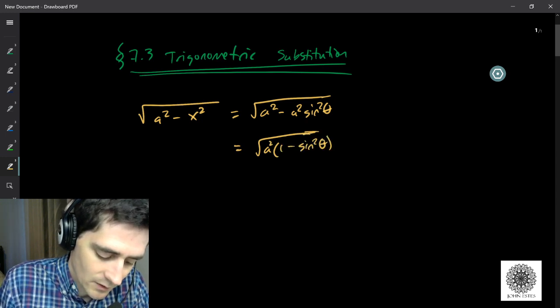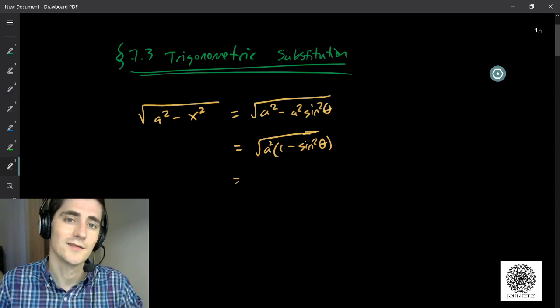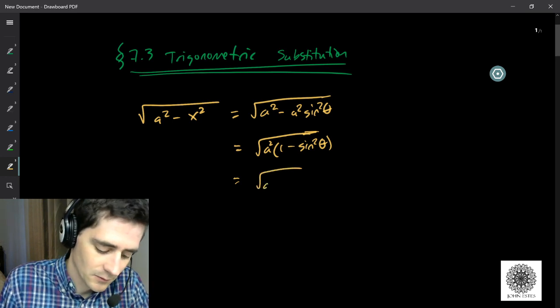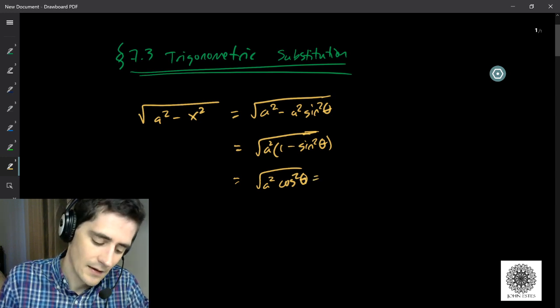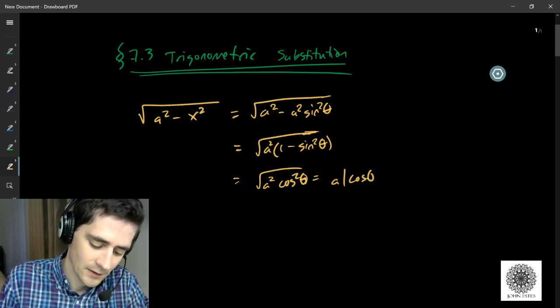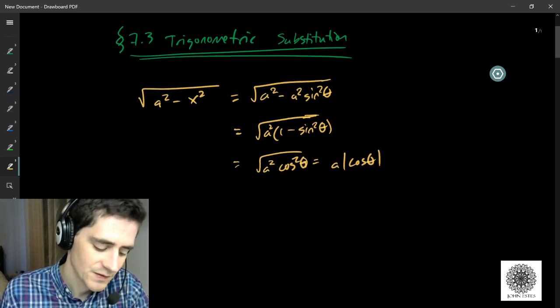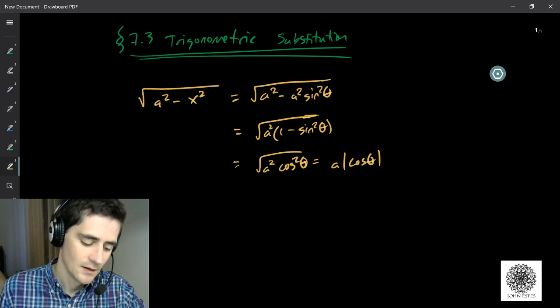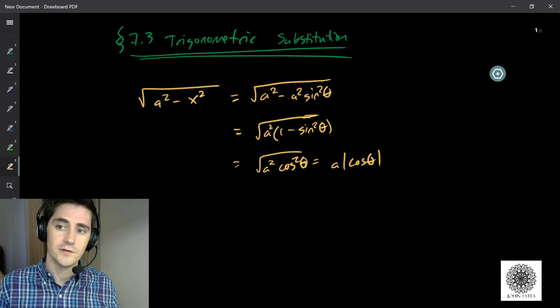And then remember that I have a trig identity that allows me to replace 1 minus sine squared with cosine squared. So now I get the square root of a squared cosine squared, which would be a times the absolute value of cosine. So if I can make this clever substitution where I let x be a sine theta, then I can reduce the square root to just a trig function.